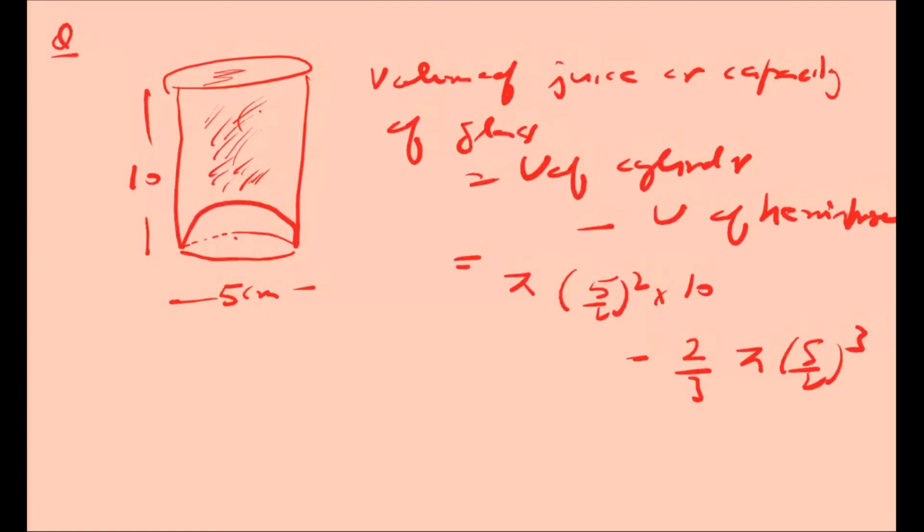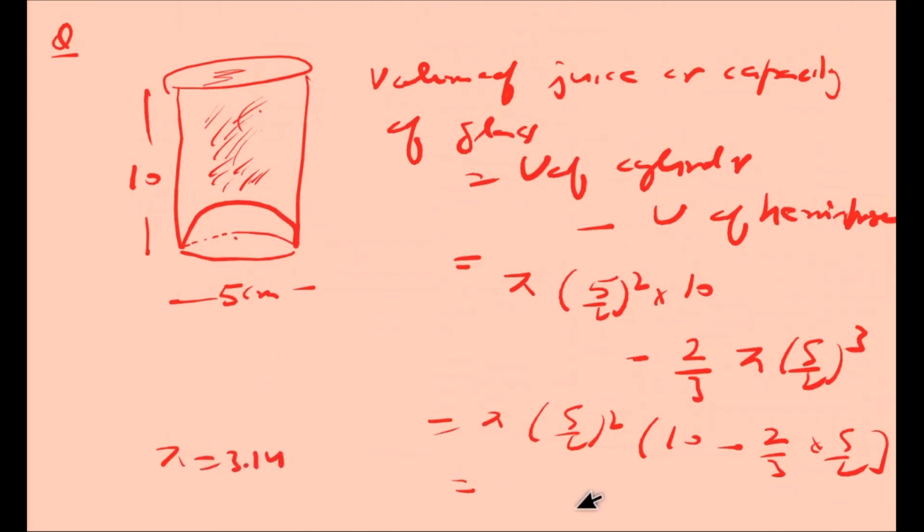Student, so this way you can solve these questions. You can take the common (5 by 2) square, that is 10 minus 2 by 3 into 5 by 2. After solving this using pi equal to 3.14, you get 163.54 centimeter cube.